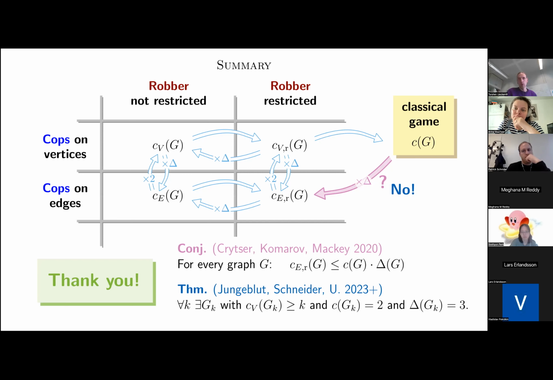Remember that we're talking about connected graphs. It's Meyniel's conjecture, a long open, very important conjecture, that says that the number of cops that you need in the classical variant is at most of the order square root of n. And it's wide open. There are examples where you need order square root of n cops, but it's not known whether this is always sufficient.